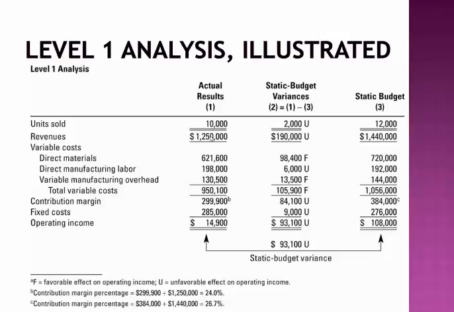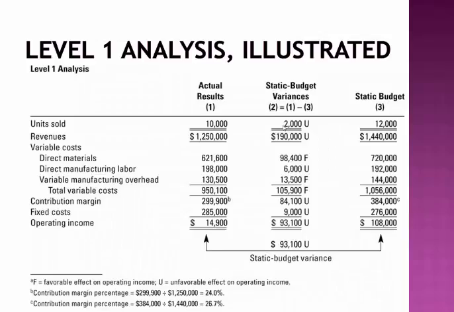Now, our actual results column is based on actual units at an actual dollar amount per unit for the revenue. So there could be a difference not only in quantity, but also in dollars per unit selling price. All right, so we're just going to fill in our actual results. So here's our actual revenues, and then here are our actual costs.